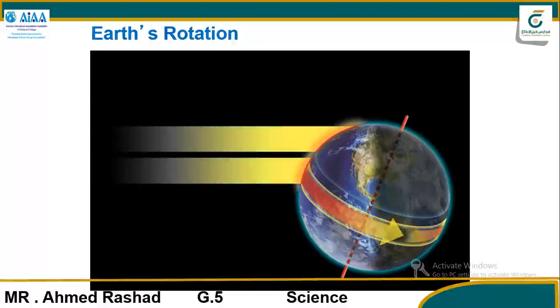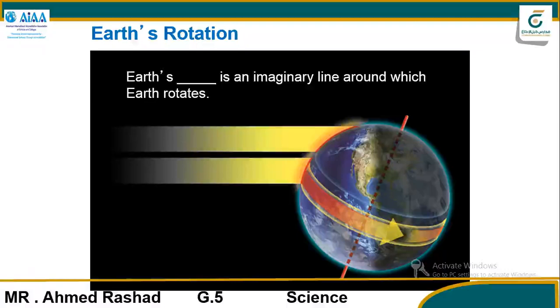This is talking about the Earth rotation. What's the meaning of Earth rotation? Earth rotation means the movement of Earth around itself or around this line, and this is a measuring line between the North Pole and the South Pole, that's called the axis. So Earth's axis is a measuring line around which Earth rotates, and the rotation of the Earth makes day and night in 24 hours.